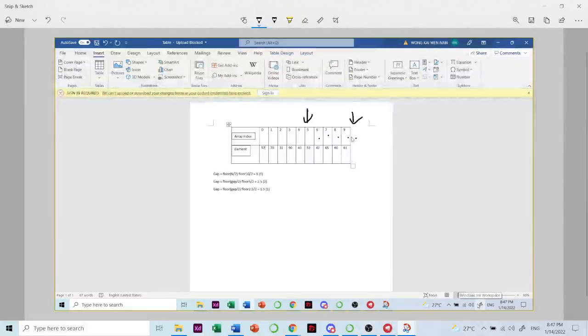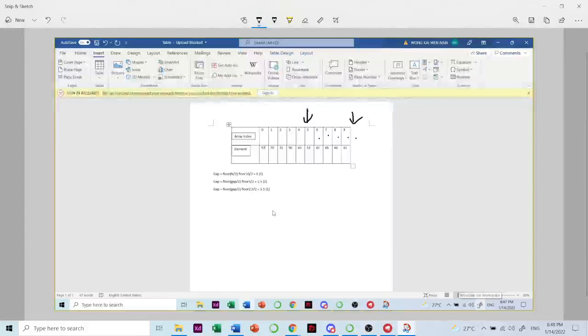So we have to figure out a way using the formula of gap divided by 2, which is the next step that we're gonna take. So our gap was 5, but now the next step of the formula is to divide by 2.